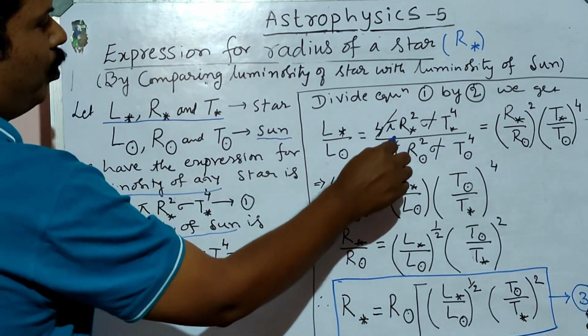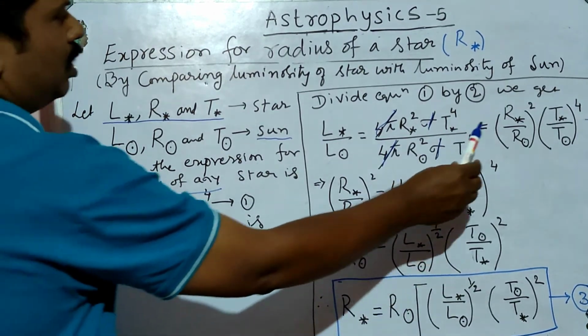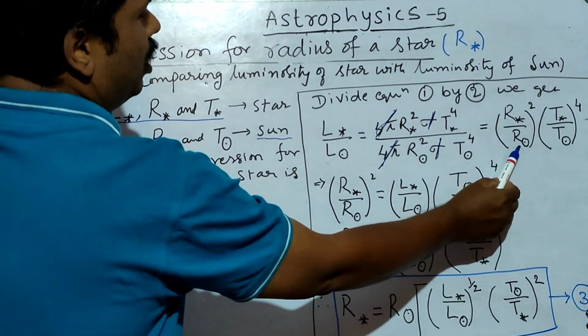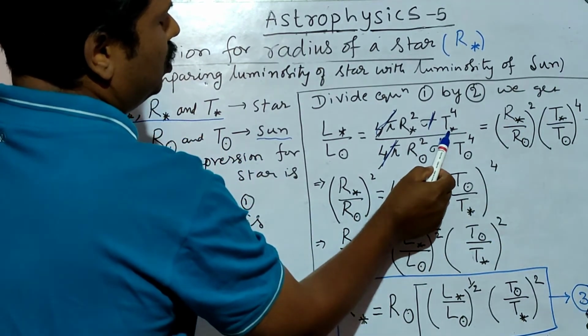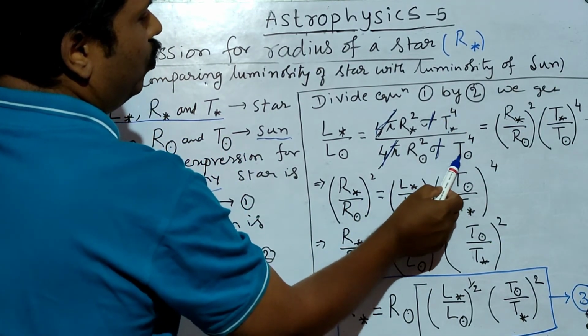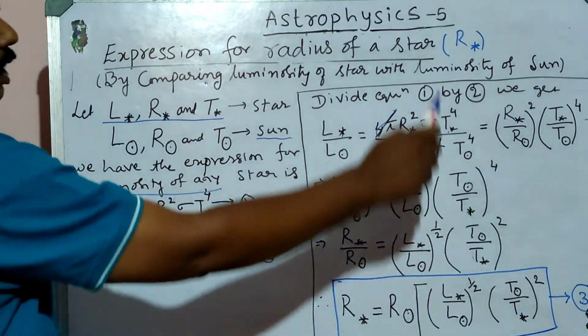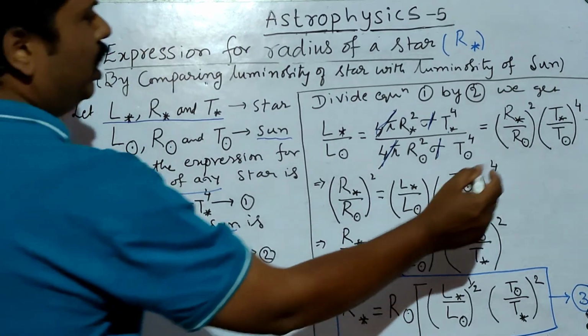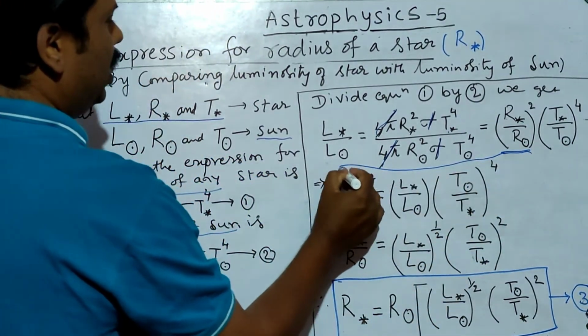Here 4 pi cancels and sigma cancels and the remaining factors are there. R star divided by R sun, whole square, into T star divided by T sun to the power of 4. We need the radius, therefore this factor is taken to the LHS.